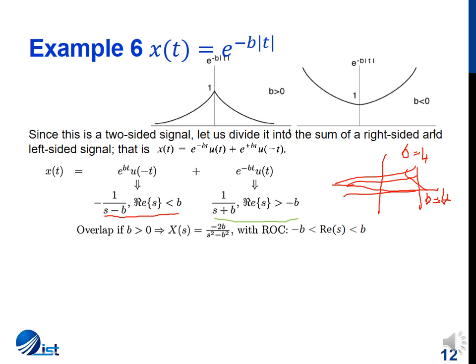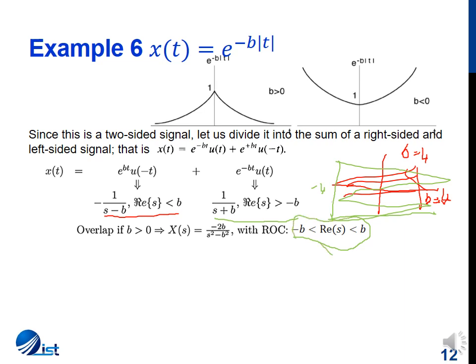Since b was 4, we'll draw a line at minus 4, and our ROC is greater than that, so this is our ROC. Now our concept of linearity has told us that the resultant ROC is the intersection of both these ROCs. So the resultant ROC for the example drawn is between minus 4 to 4, or for the overall case, the ROC is between minus b to b.